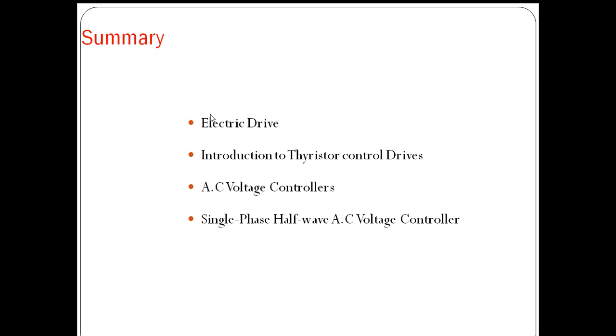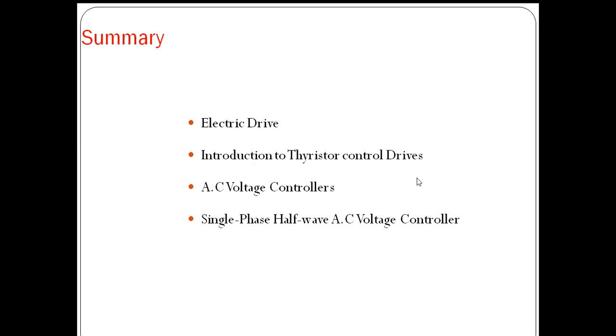Generally DC motors have good speed control characteristics. That's why DC drives are used where speed control is required, even nowadays, especially in traction systems. AC drives are used in different applications, and in these AC drives we control the speed by using AC voltage controllers.